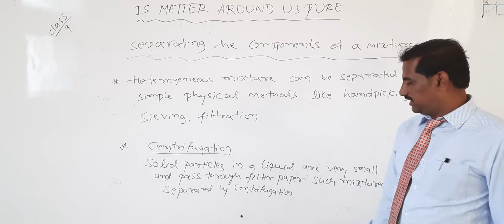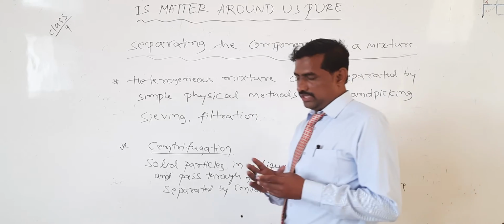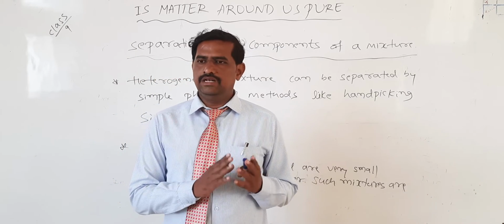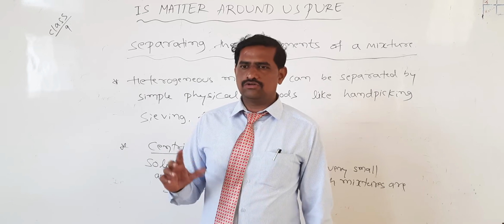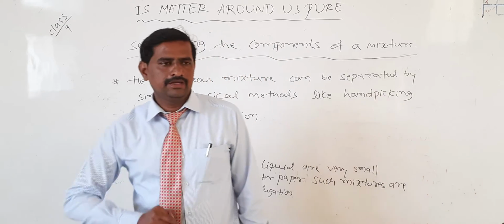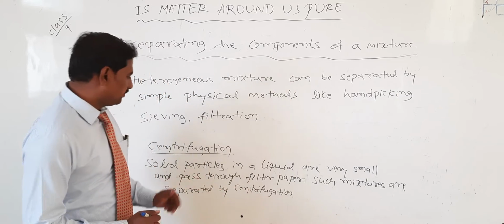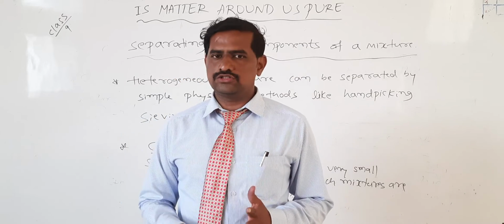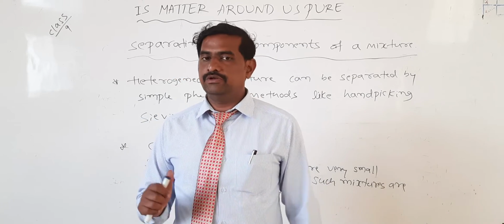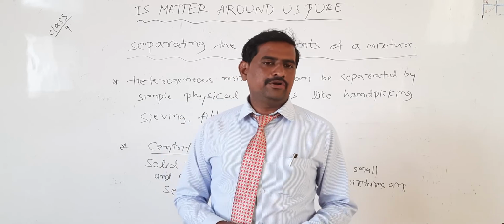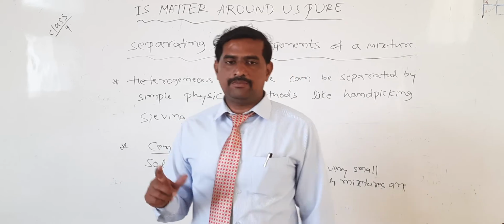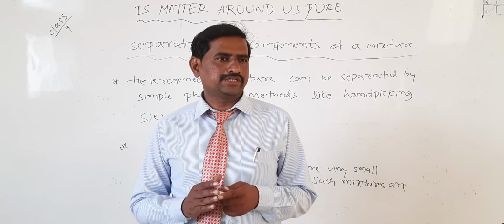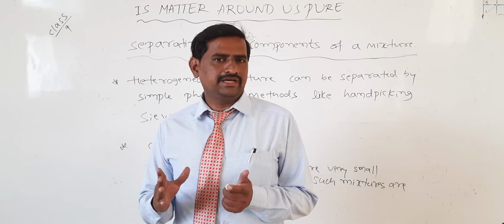By the centrifugation method, we can separate the cream from the milk. The centrifugation method is also used in the washing machine to dry the clothes, and in laboratories and diagnostic centers, where it is used to separate the suspended particles of the blood.